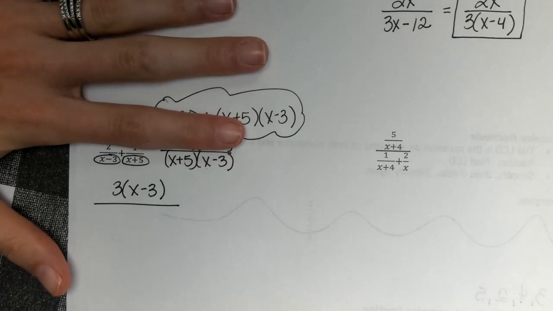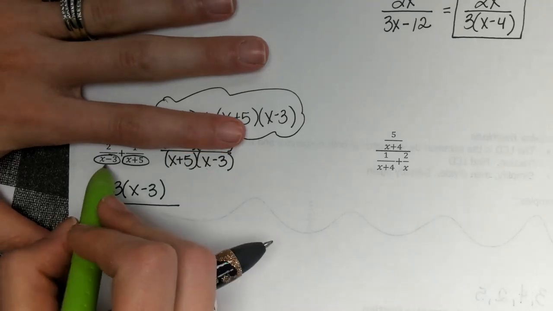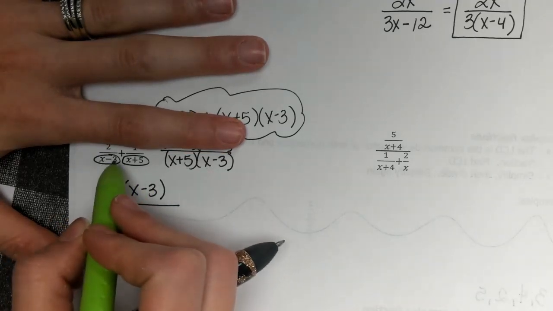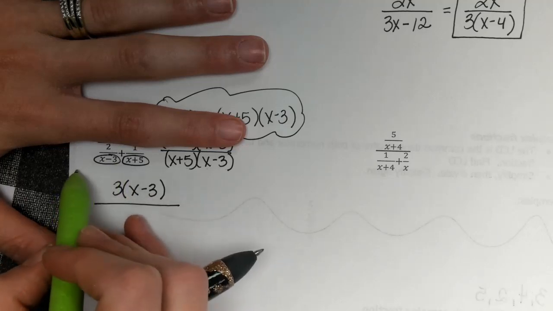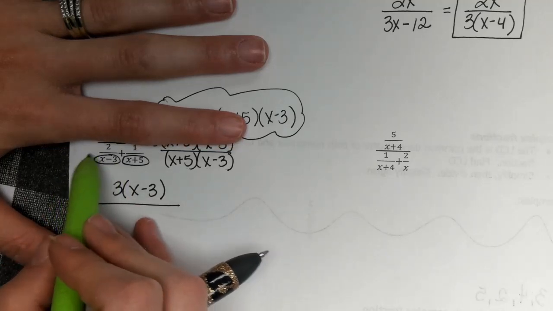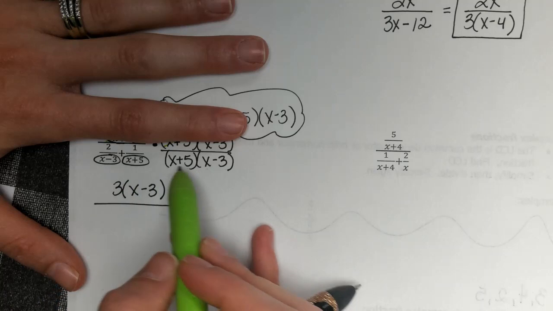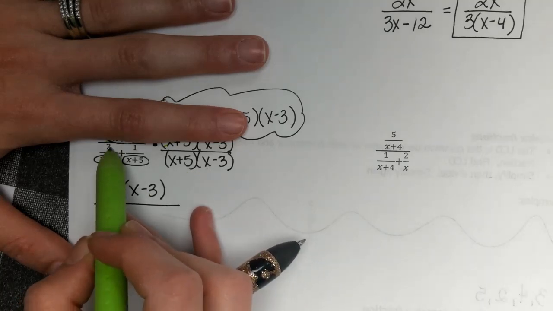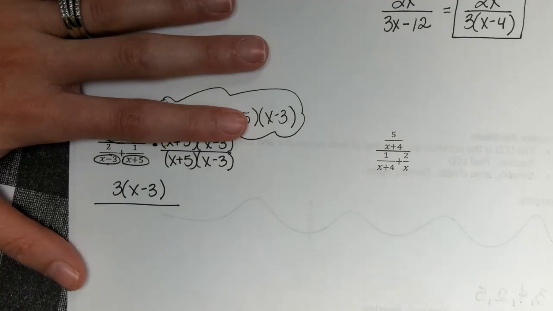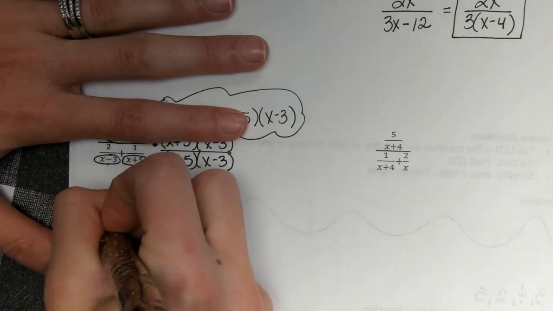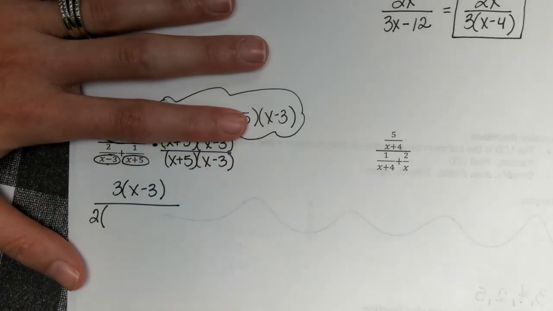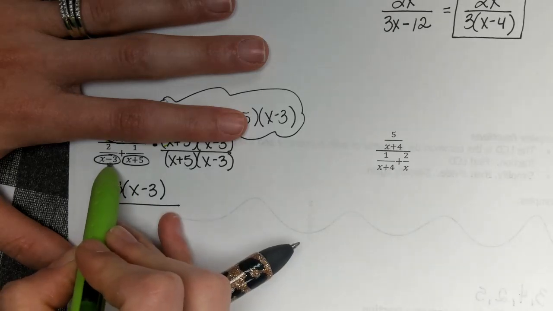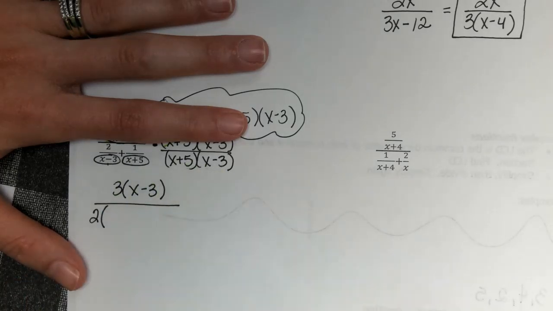Now my numerator, I've got 2 different terms because I have a plus, right? If you need to visualize and write it over to the left, you can. I don't have space. I'm not going to. I'm just going to think about it. I have x minus 3 here. So for this first fraction, I'm going to take 2 and multiply it by what? What am I missing? If I have x minus 3, but the x plus 5.